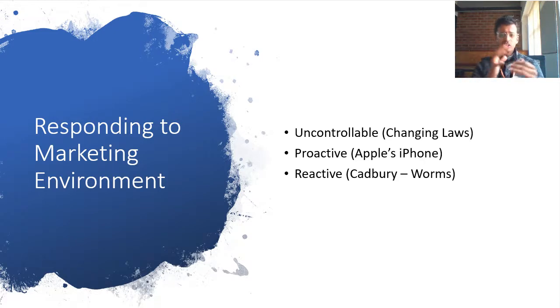Then there are reactive changes, which a company makes by looking at situations which have already happened. You may remember a case from a lot of years ago where some Cadbury chocolates had worms in them.